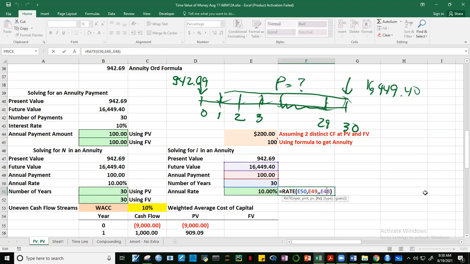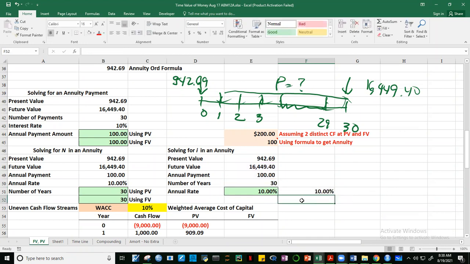Remember, Excel is very particular about the direction of the cash flow. Hindi pwedeng parehong positive yung cash flow natin. One has to be a negative. So if I put a negative here in future value or negative in PMT tapos positive si future value, then it will now give us the correct answer, 10%.